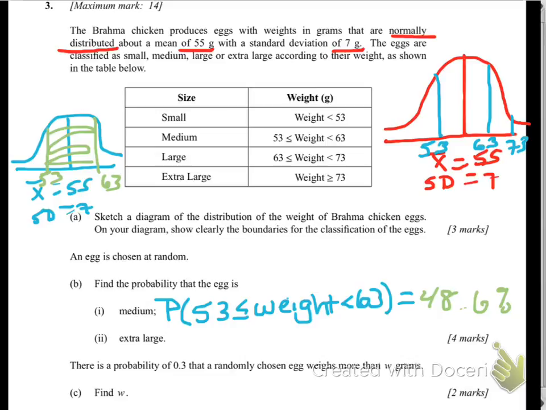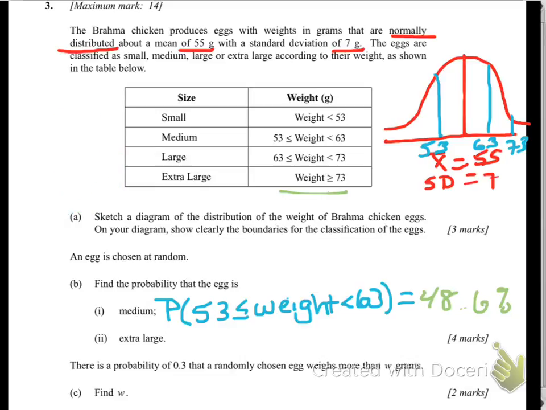All right, so now let's go do the extra large. Well, here's the extra large. Again, I'm going to draw my distribution. All right, and so here's my distribution. I'm going to draw my bell curve, label my mean, label my standard deviation, and I want to know about 73.